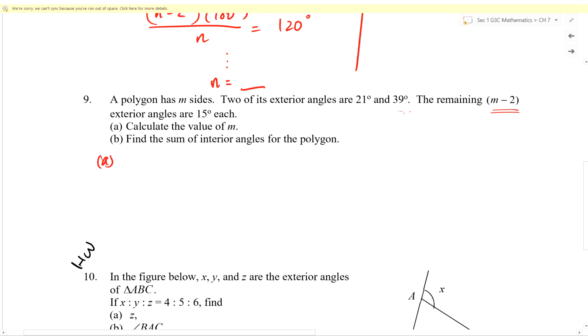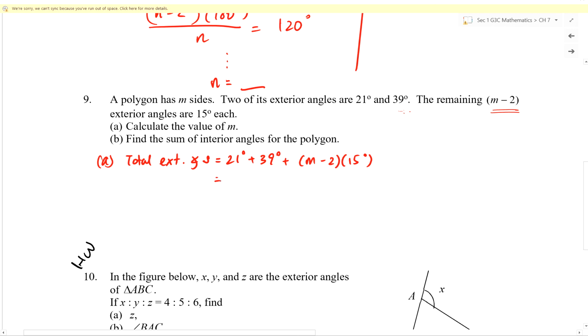Would you like to use interior angles or exterior angles to solve this? Both ways will work. One way is easier. Exterior angles is slightly easier. So we know that the sum is going to be 360. Let's write down the total exterior angles, which must be 21 plus 39 plus m minus 2 times 15 degrees.